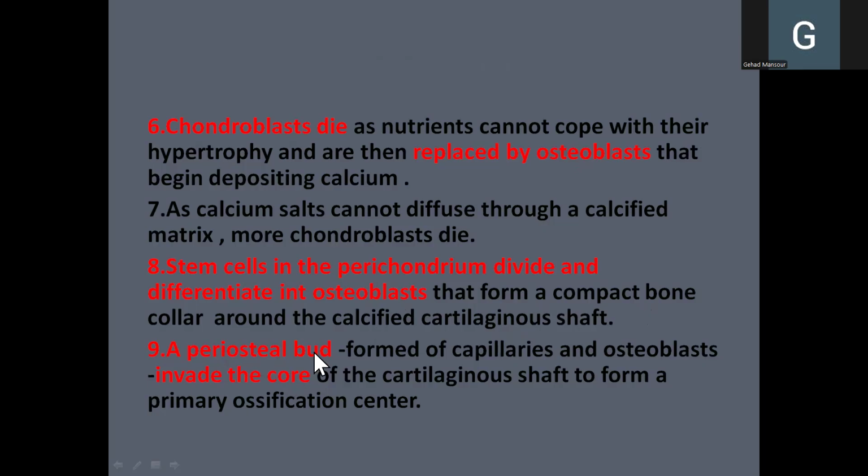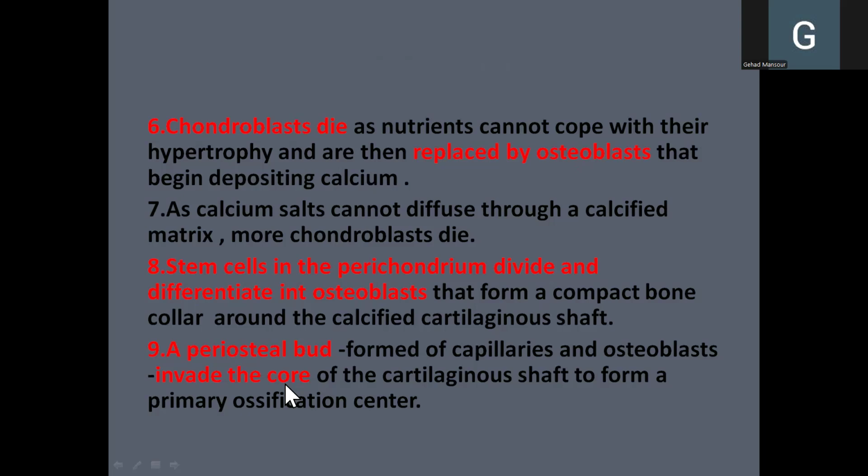And as we said before, the place where all this process of ossification starts is the primary center of ossification. That includes blood capillaries and stem cells, and of course, these stem cells will be converted into osteoblasts.